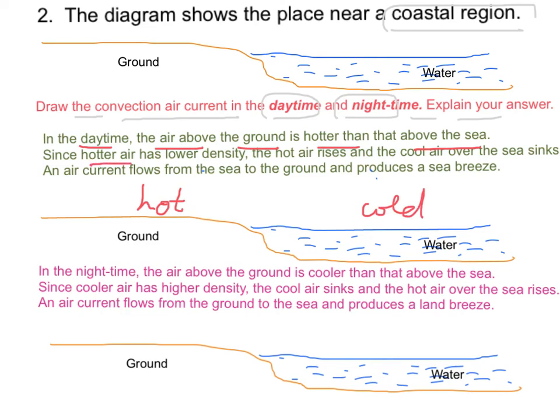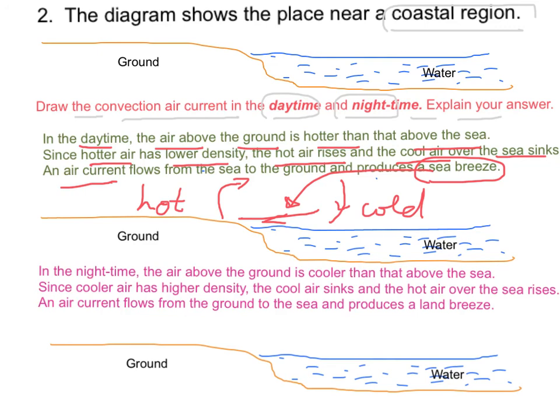Since hotter air has lower density, the hot air will rise and the cool air above the sea will sink. An air current will flow from the sea to the ground and produce what we call a sea breeze, 海風.